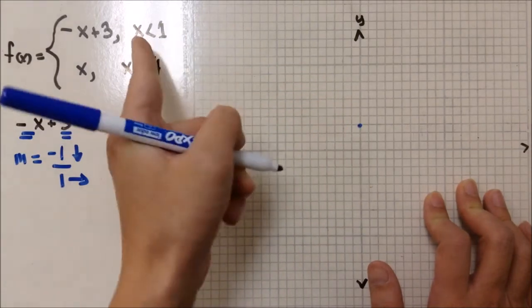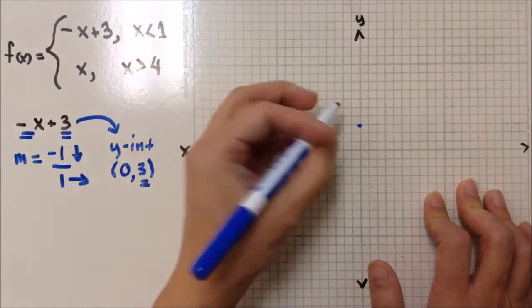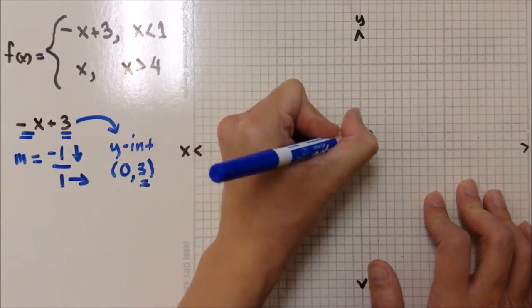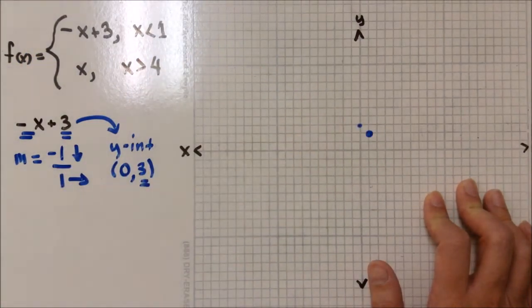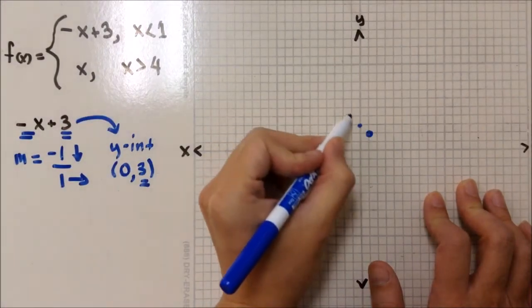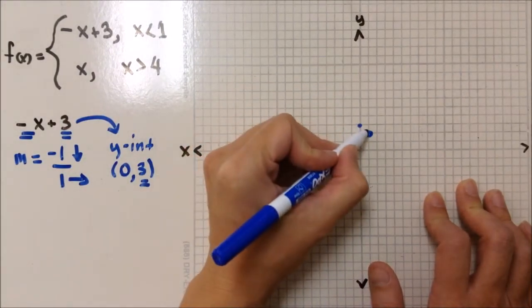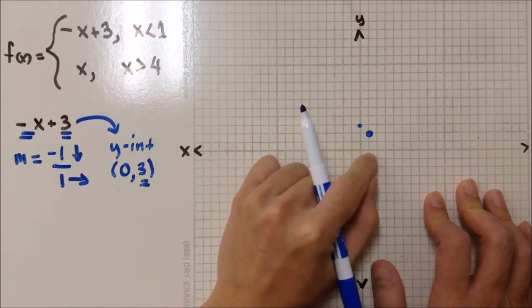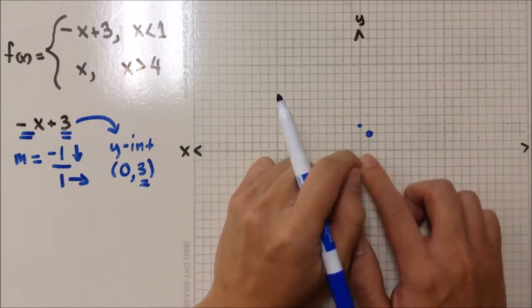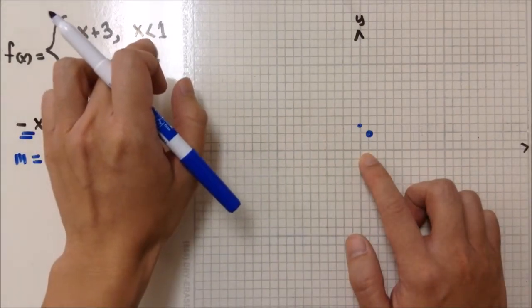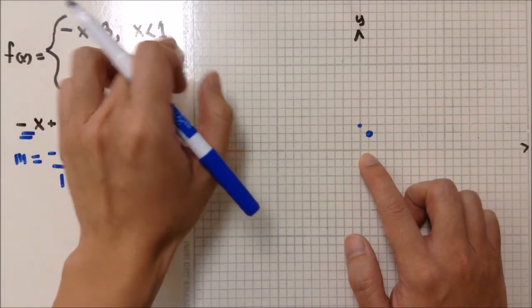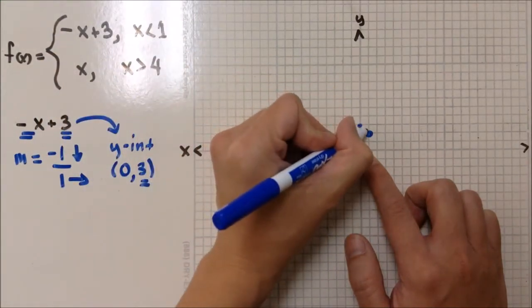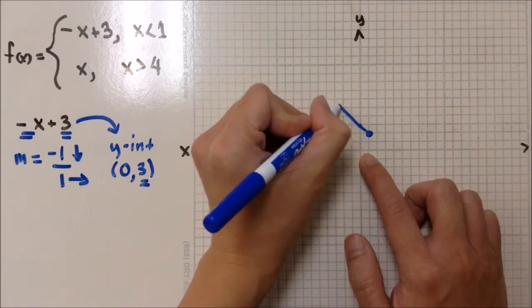Now since this is x less than 1, I'm going to put an open circle. And then I'm going to graph by connecting these two dots. The reason I put a circle at 1 is because here it is just x less than 1.